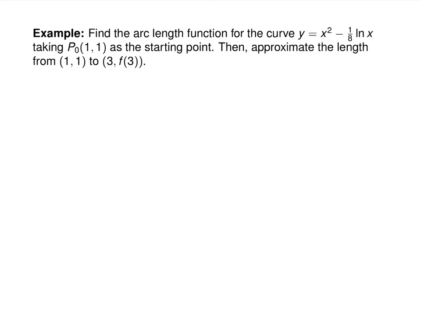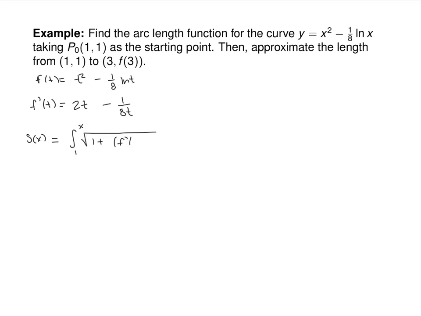So first of all, f of t is going to be equal to t squared minus 1/8 ln of t. f prime of t will equal 2t minus 1 over 8t. And so my arc length function will equal an integral from 1 to x of the square root of 1 plus f prime of t squared dt.